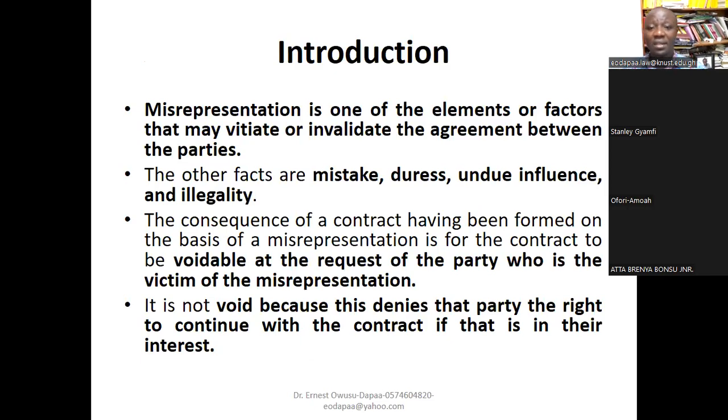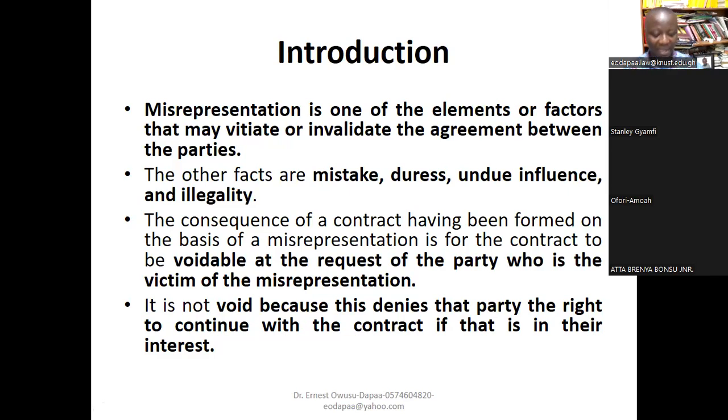First of all, as we have already made the point, misrepresentation is one of the elements or factors which may undermine, that is, vitiate or invalidate the agreement between the parties. Of course, it's not the only thing.